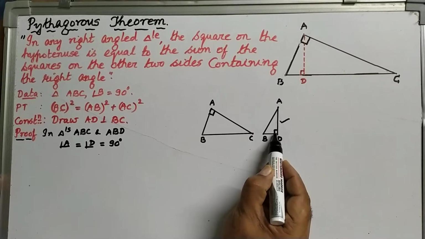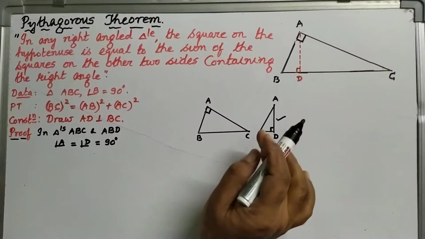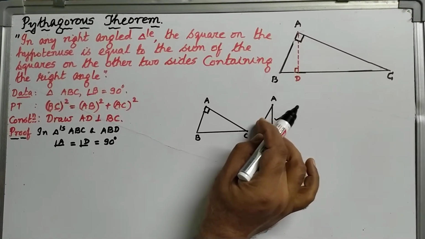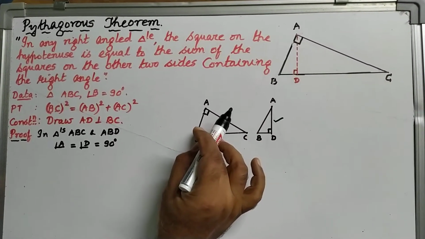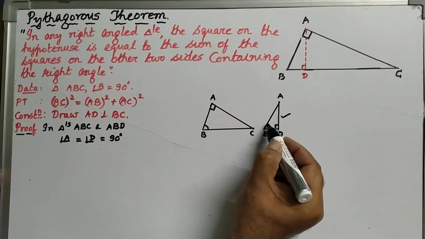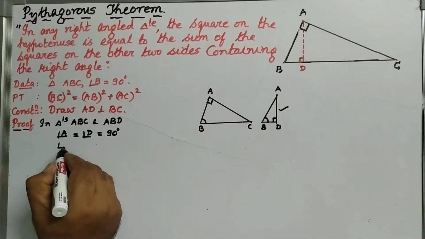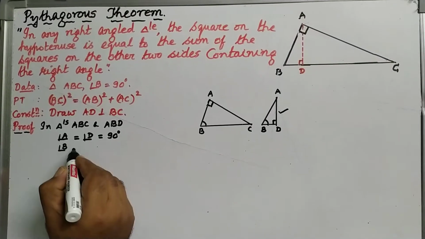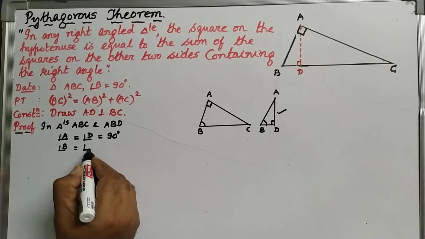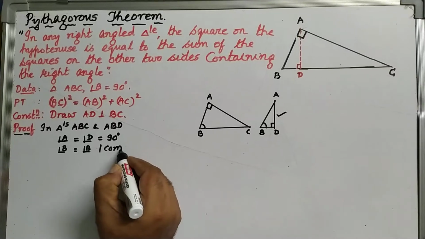Angle D is 90 because this was the construction that we did. If you drag the smaller triangle into the bigger one, into the original one, you can see that angle B will be common in both the triangles. So angle B of triangle ABC and angle B of triangle ABD both will be common.